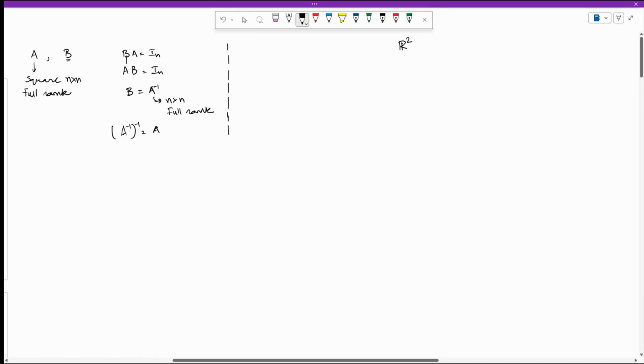So we're talking about R2. This region is the space R2, right? And we usually choose an arbitrary point as the origin, and we define that to be the zero vector. Now let's say we have a point here. We can associate that point with a vector.